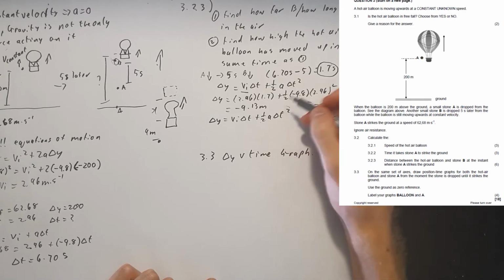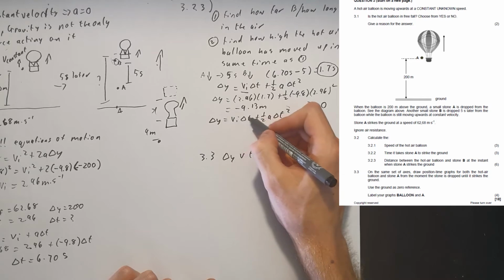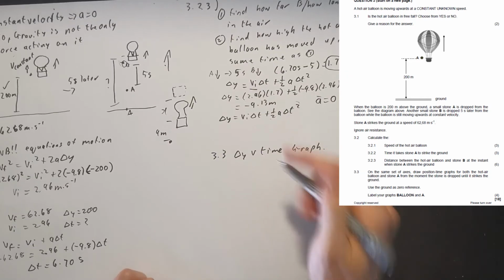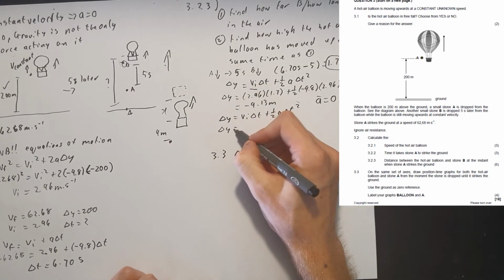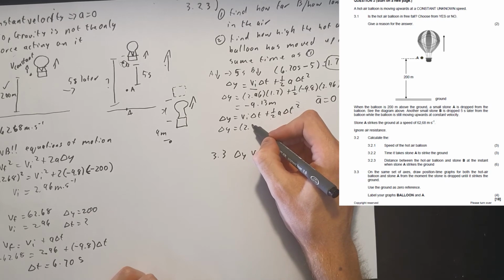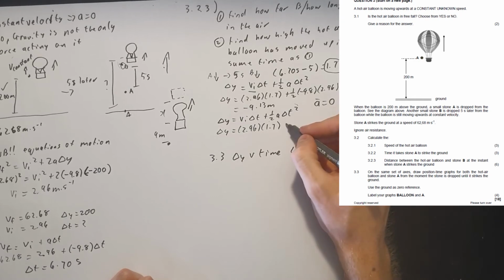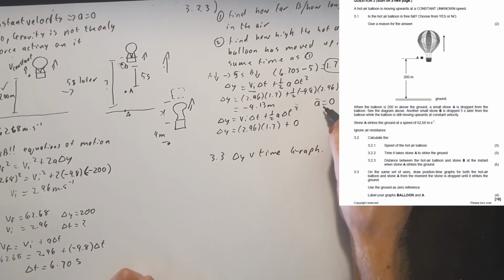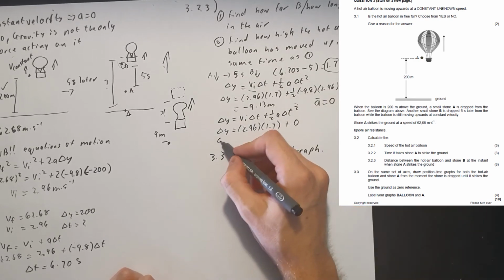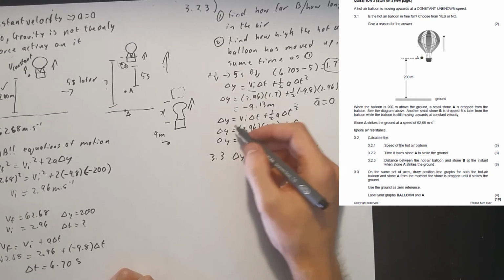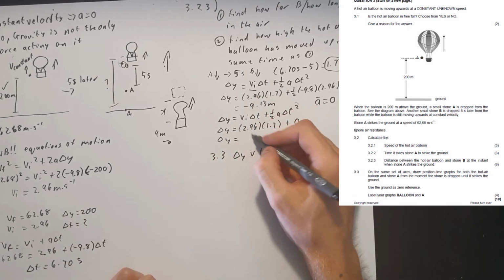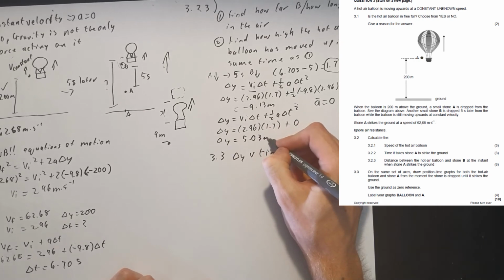To find the distance it's traveled, it's just the velocity times the time it's been moving. So delta y equals 2.96 times 1.7 seconds, plus that becomes 0 because acceleration is 0. So therefore delta y moving upwards for the balloon is going to give you 5.03 meters.